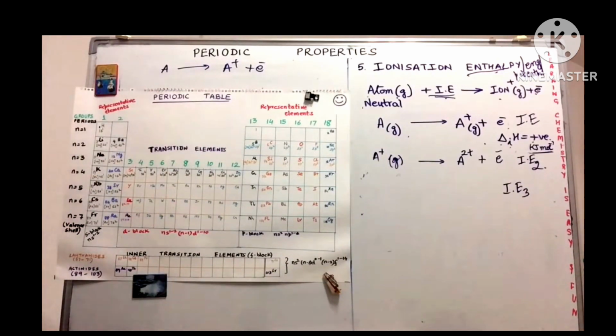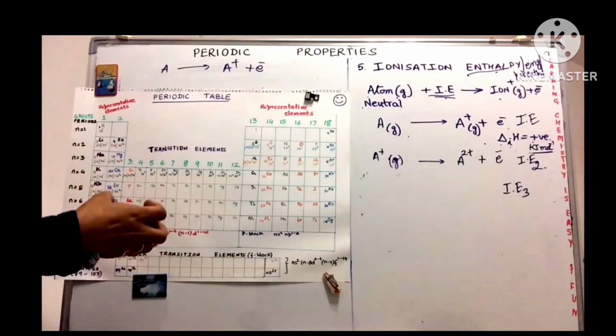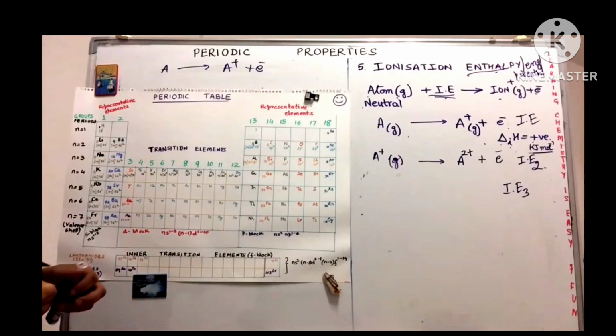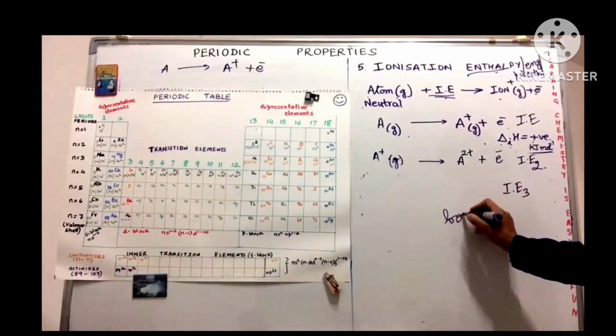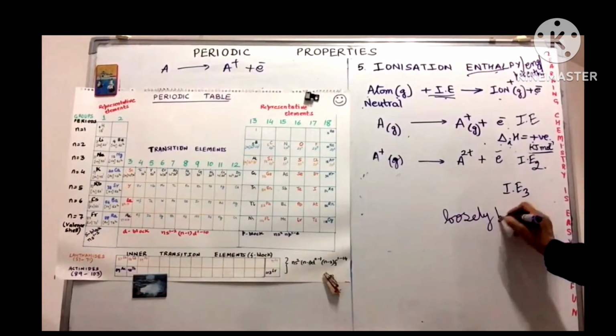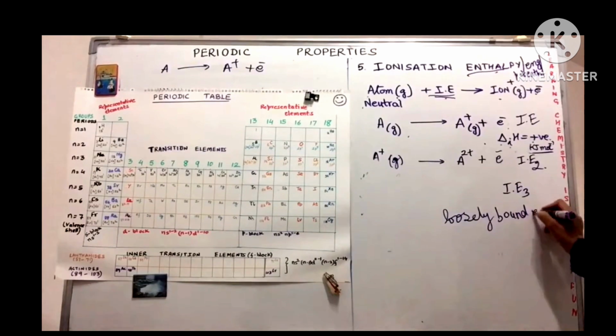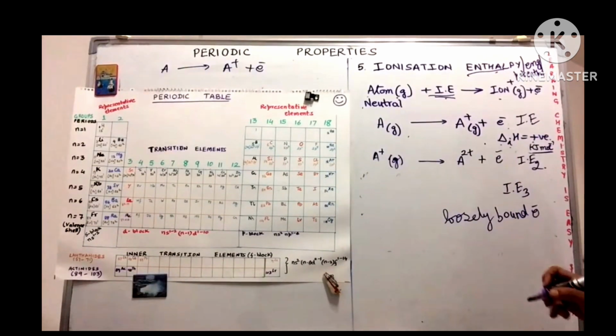Ionization enthalpy. Now you want to remove an electron. What is easier to remove? Something which is loosely bound or something which is tightly bound? Yes, something which is loosely bound, correct? So if you have a loosely bound electron, will your ionization enthalpy be high or low?